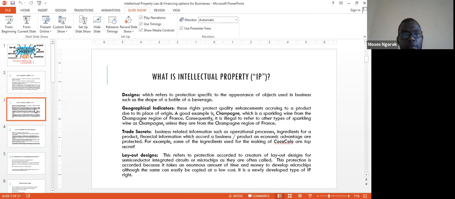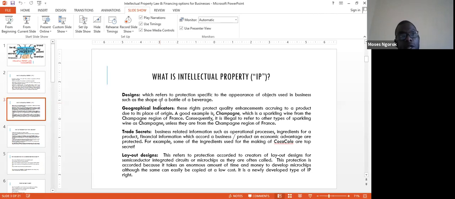The other type of intellectual property we need to look at is what we refer to as designs. Designs refers to protection specific to the appearance of objects in a business, such as the shape of a bottle. Look at the Fanta bottle, it's unique. That beautiful shape.